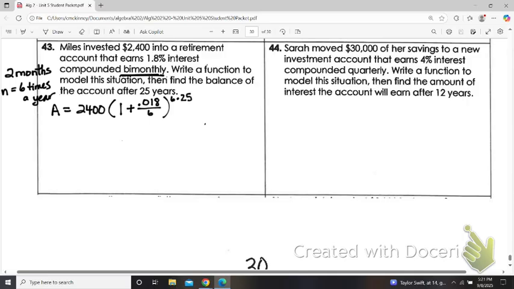So you could put all that in the calculator, but before you put things in the calculator, in this case, 0.018 divided by 6 is nice and clean. 0.003, not just 0.03, that would be 3%. That'd be too much. And then 6 times 25, our power is going to be 150.